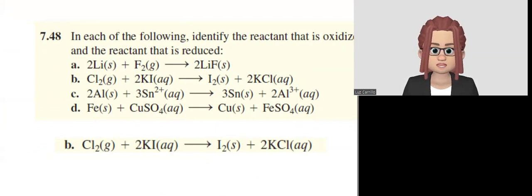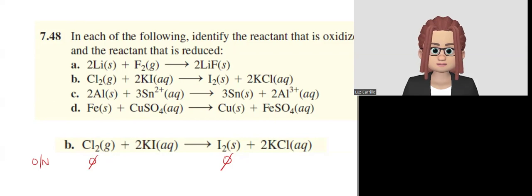My shorthand for oxidation number is O/N. First, I'm going to try to identify if in my chemical reaction I have any elements by themselves. And I can observe that in the reactant, I have an element by itself, and in the product, I have an element by itself. So they get assigned an oxidation number of 0.